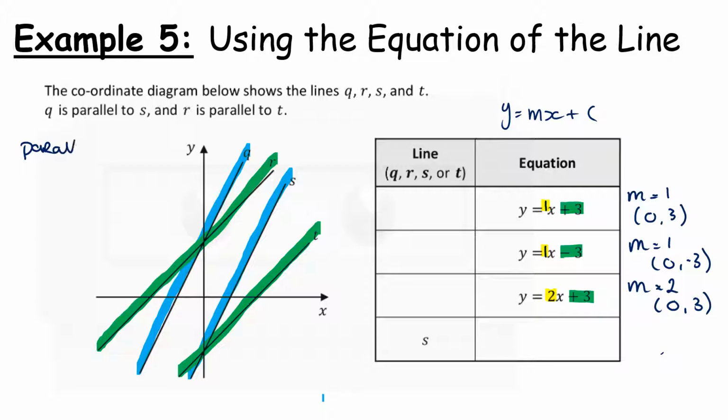So parallel lines, same slopes. We're trying to match everything except S.